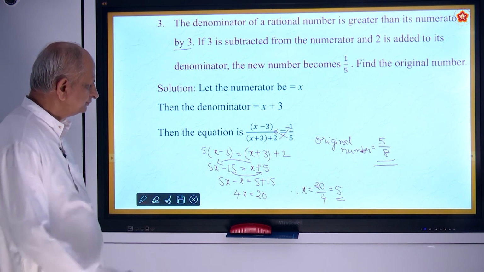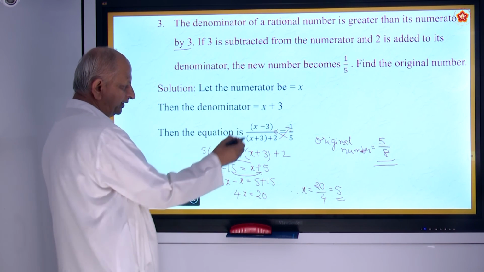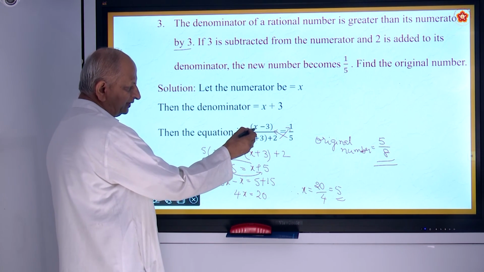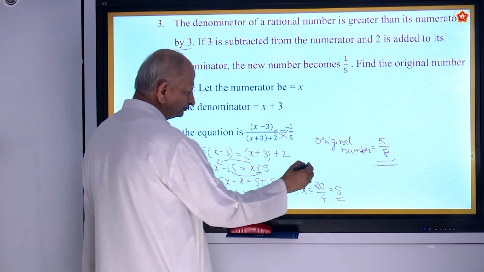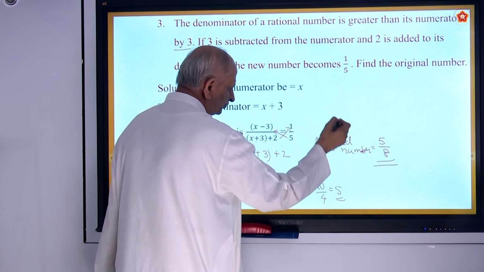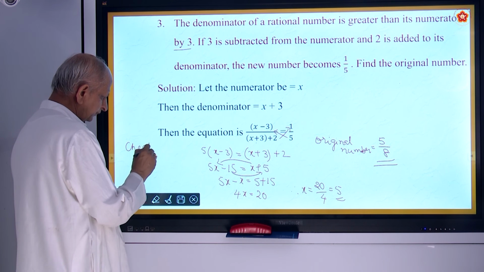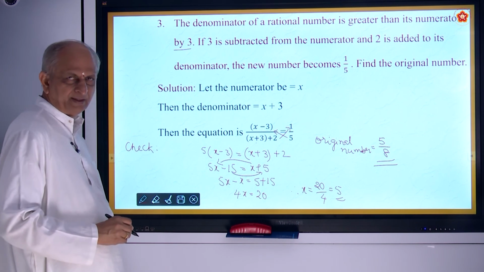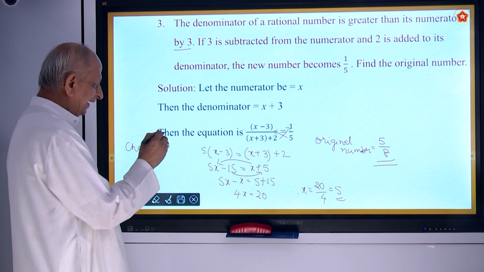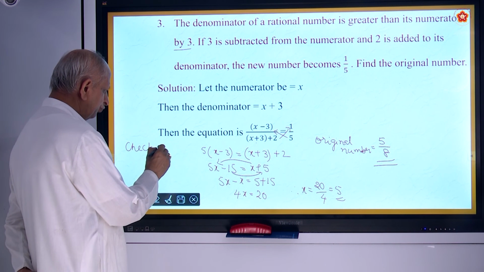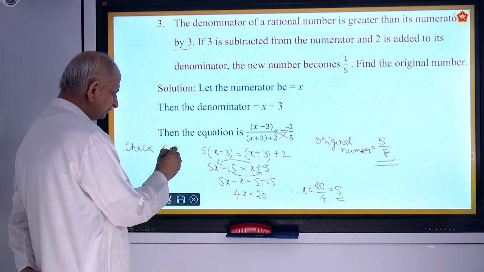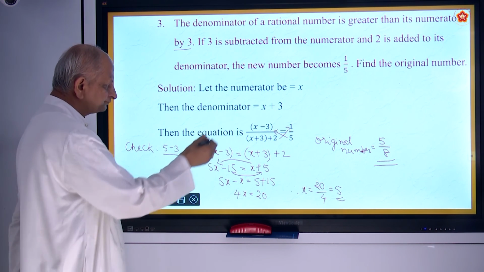How do you verify? For example, if you put here x minus 3, that is 5 minus 3, that is 2. So checking, I will do here. It is not compulsory, but better you do it. So x minus 3 means 5 minus 3, correct?